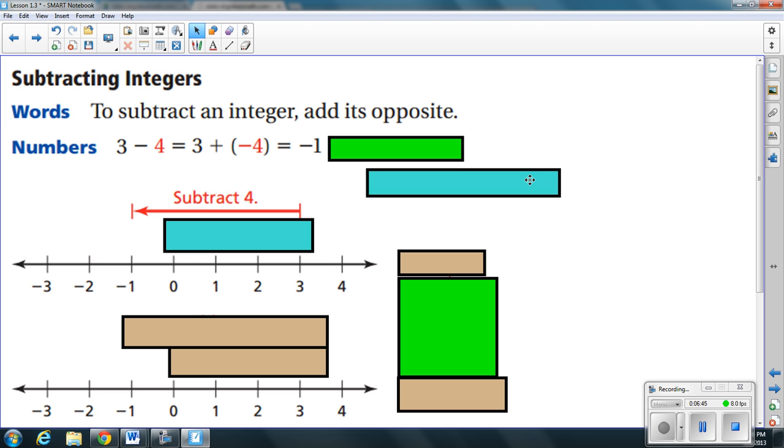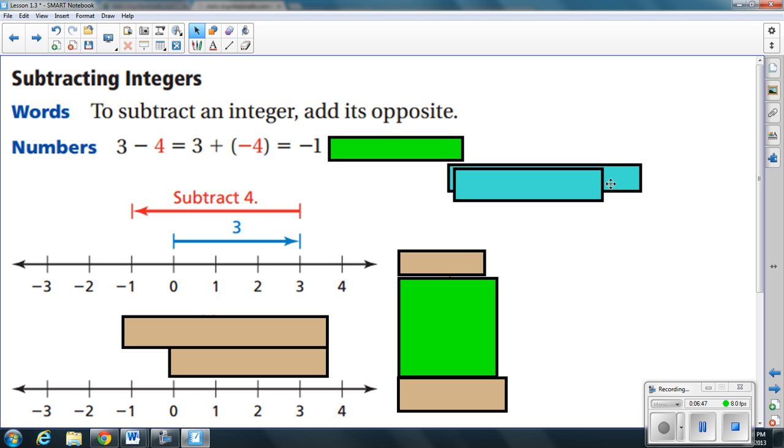On the number line, from 0, I go to positive 3, and then I am subtracting 4 or going back 4 units. And that brings me back to negative 1.